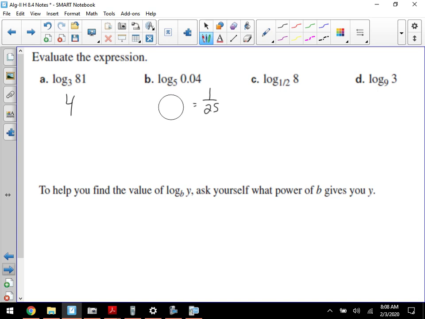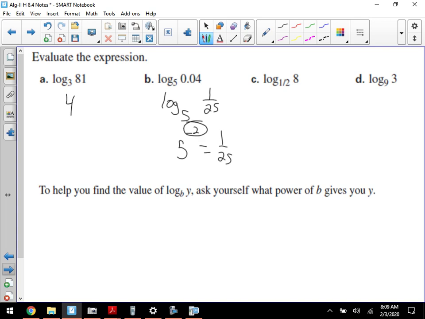Now, if you look at this, 5 to what power is 1/25? -2, very good, it's -2. You're on the right track with the 2's there. This means 5 to the -2 would equal 1/25, so your answer is -2.